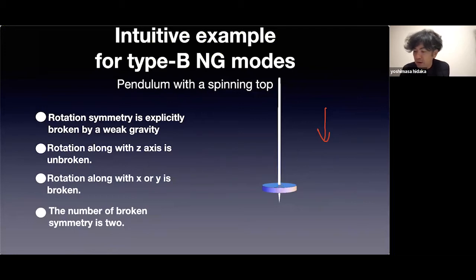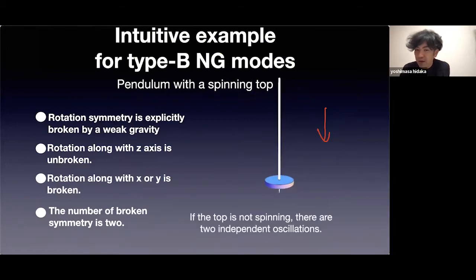The number of broken symmetries is 2, corresponding to the x-axis and y-axis rotation, so there are 2 gapless modes. You can see the oscillation of the x-axis, and also the oscillation of the y-axis. This gives you 2 exciting modes that correspond to the Nambu-Goldstone modes.